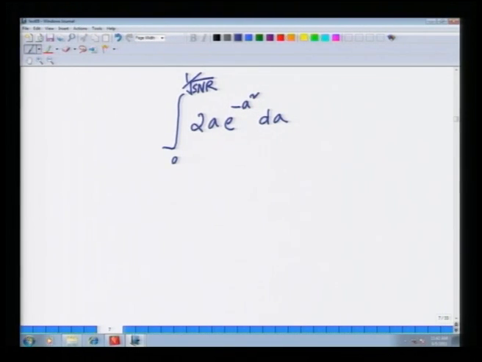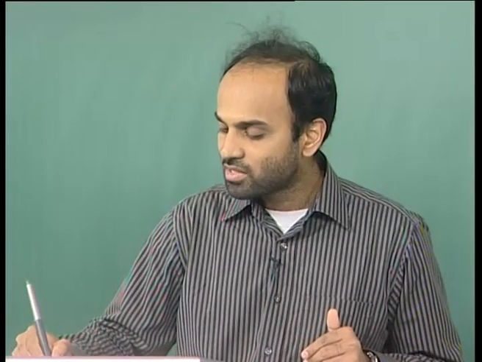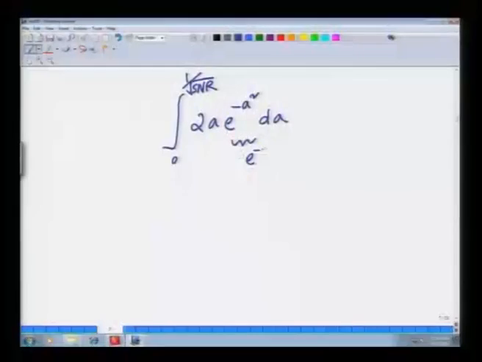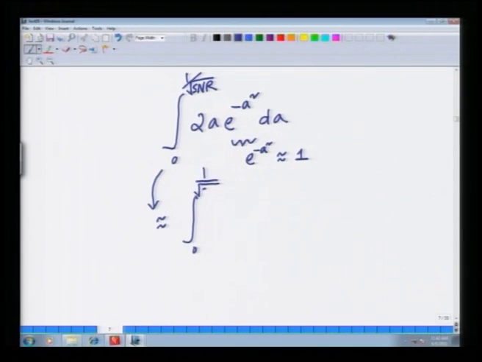Look at this, this is 1 over square root of SNR. So, if SNR is very high, this is almost 0, which means e power minus a square is approximately equal to 1. So, I can approximate this integral as approximately the integral from 0 to 1 over square root of SNR of 2a da, because e power minus a square is approximately 1.